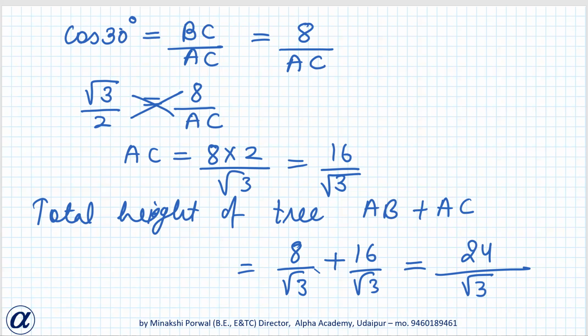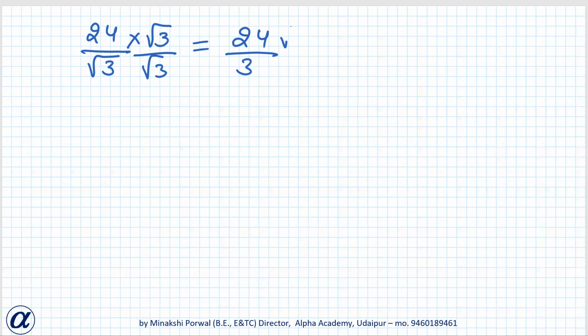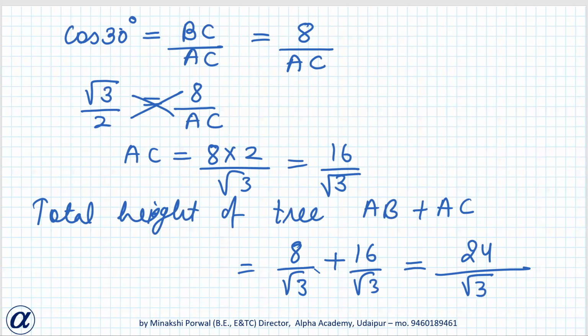So we can rewrite it as 24 upon root 3. When we rationalize the denominator, it will be 24 upon 3 root 3, that is equal to 8 root 3 meters. This is the answer.